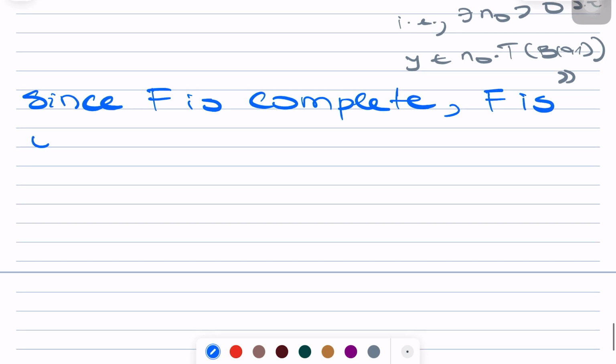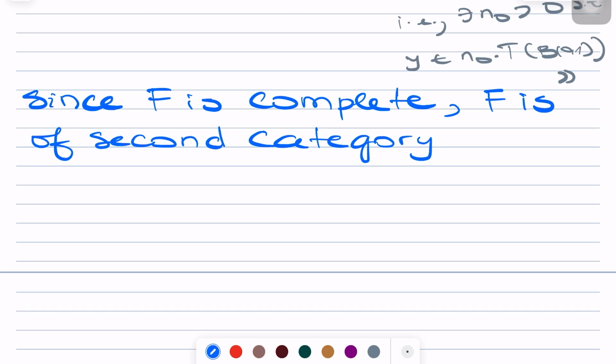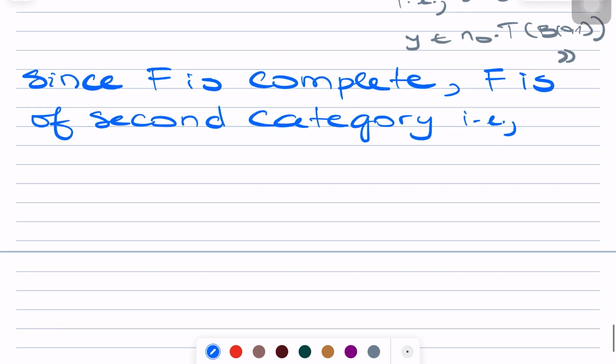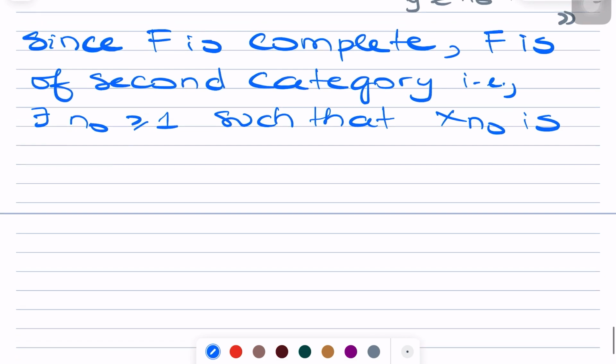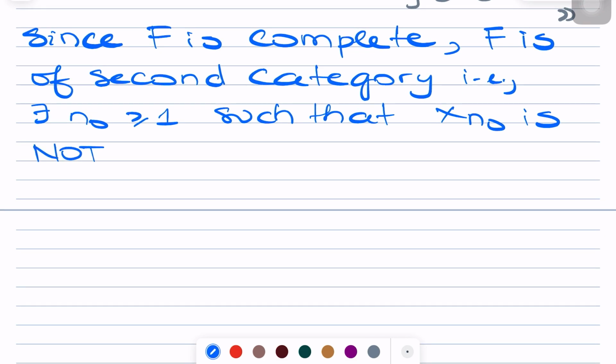F is of second category. So that means there is an index n0 such that Xn0 is not nowhere dense.